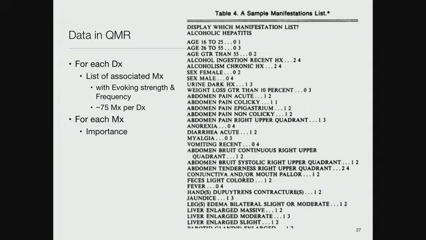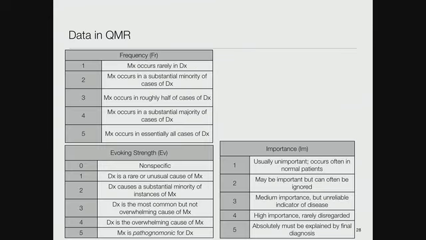Many man-years of effort went into coming up with these lists and coming up with those numbers. Here are the scales. For evoking strength, 0 means nonspecific, 5 means it's pathognomonic. In other words, just seeing this symptom is enough to convince you that the patient must have this disease. Similarly, for frequency, 1 means it occurs rarely, and 5 means that it occurs in essentially all cases, with scaled values in between.